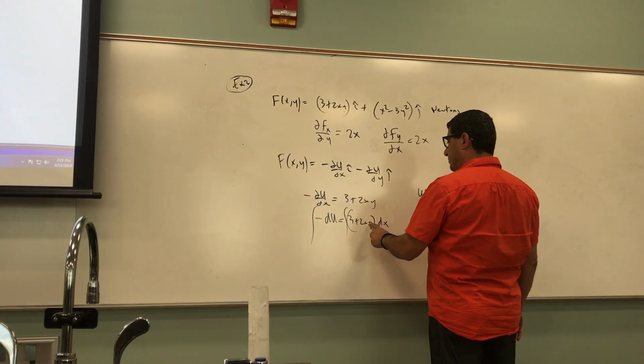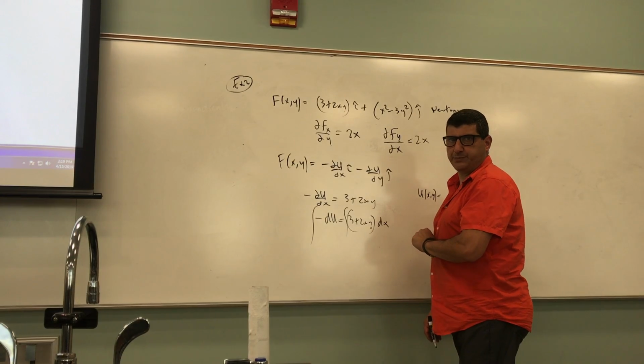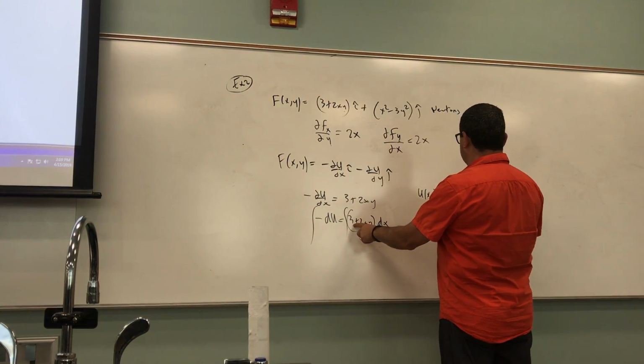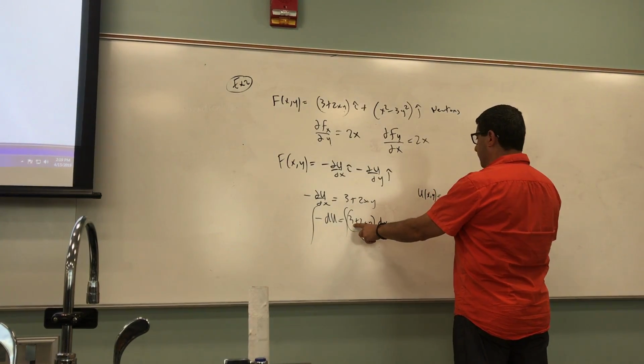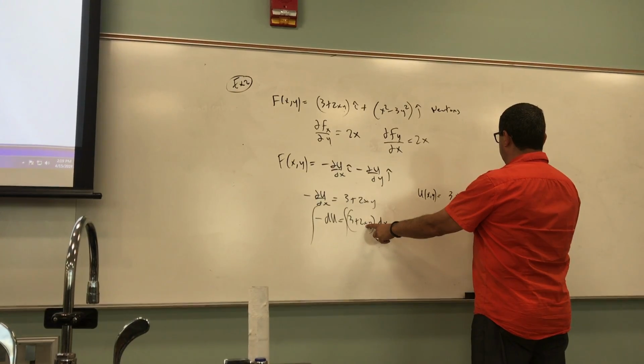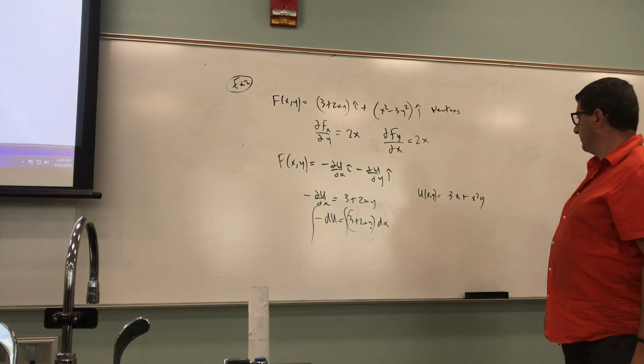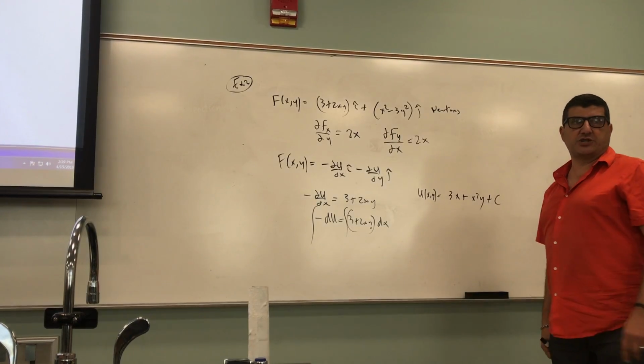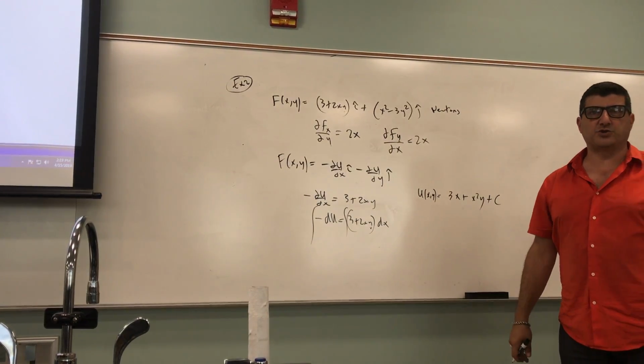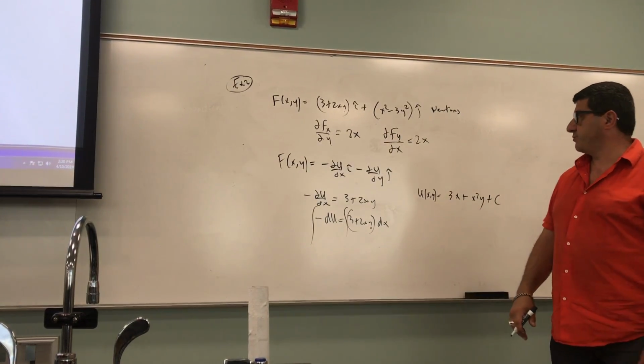Integrate this with respect to x while keeping y constant, right? So then it's going to give you 3x plus x squared y, plus some constant, because potential energy always has some constant added to it, which is the reference point.